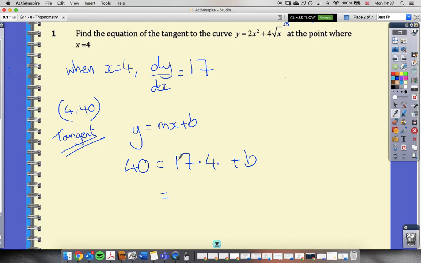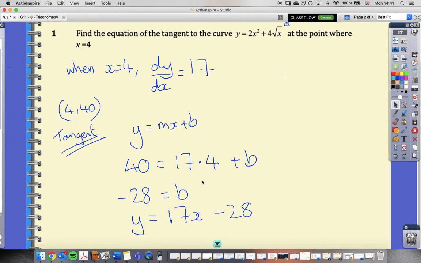So 17 times 4 is 68. 40 minus 68 is negative 28. So that's my b value. So y equals 17x minus 28. We have found the equation of the tangent at the point when x equals 4.